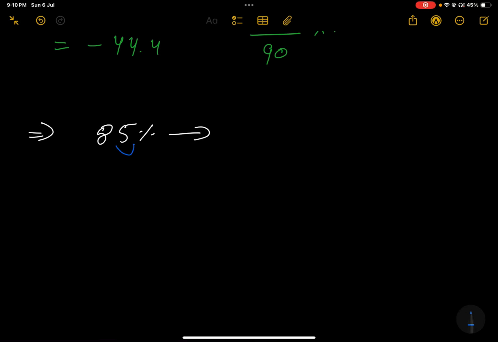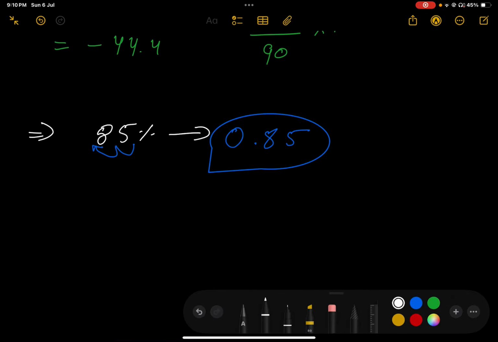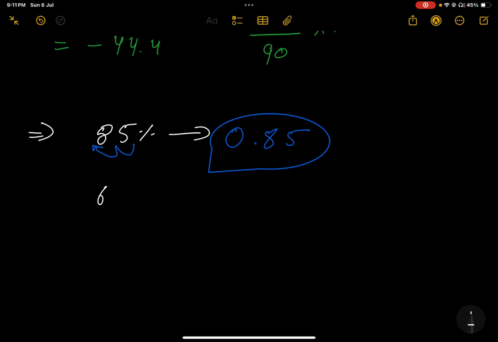What we have to do is move the point two places to the left. We'll get 0.85. This is changing percentage into decimals. Another example we'll take 64%. If we change it, we'll get 0.64.